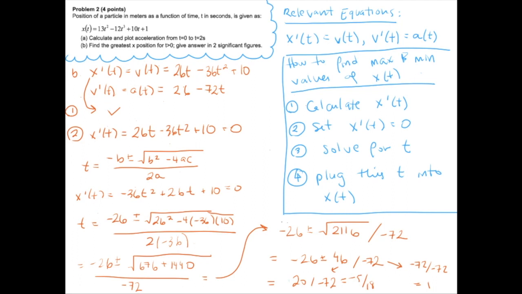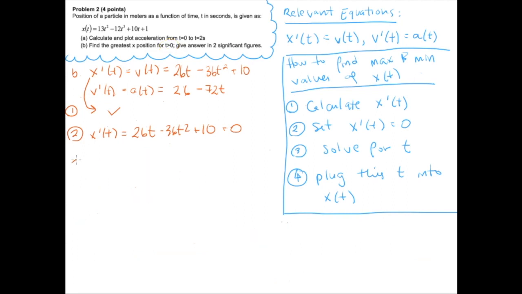All right, so those are my two t values, minus 5 over 18 and 1. And if you look at the problem, it says find the greatest exponent for t greater than 0. So we're really only interested in that t equals 1, but t equals minus 5 over 18 is also a valid solution.